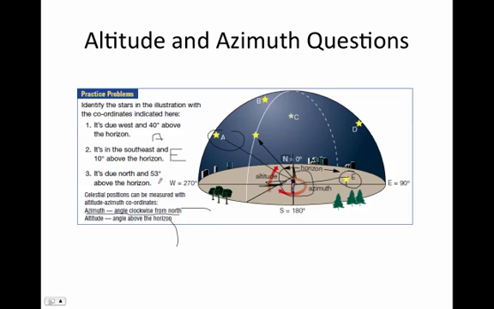And what star is due north and 53 degrees above the horizon? So due north would be 0 degrees for azimuth, so straight north, and quite a large angle.